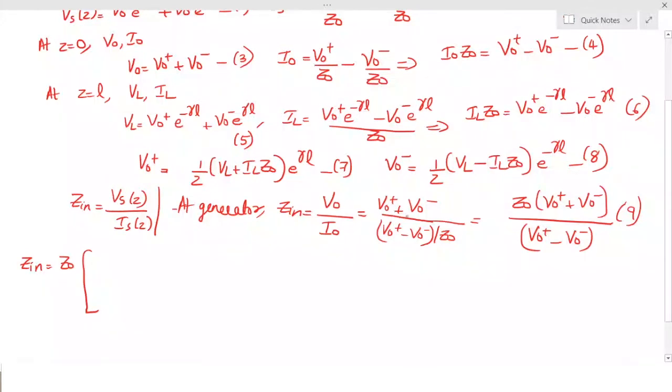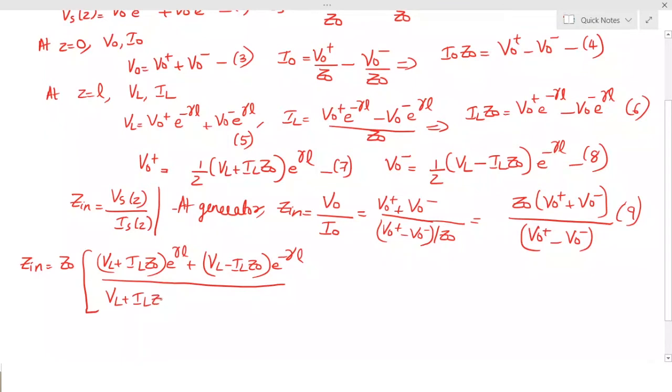And this 1 by 2 is common in all the terms, both in numerator and denominator, so half you can cancel and you can write: (VL plus IL Z0) into e raised to gamma L plus (VL minus IL Z0) into e raised to minus gamma L, divided by (VL plus IL Z0) into e raised to gamma L minus (VL minus IL Z0) into e raised to minus gamma L. You get this equation.